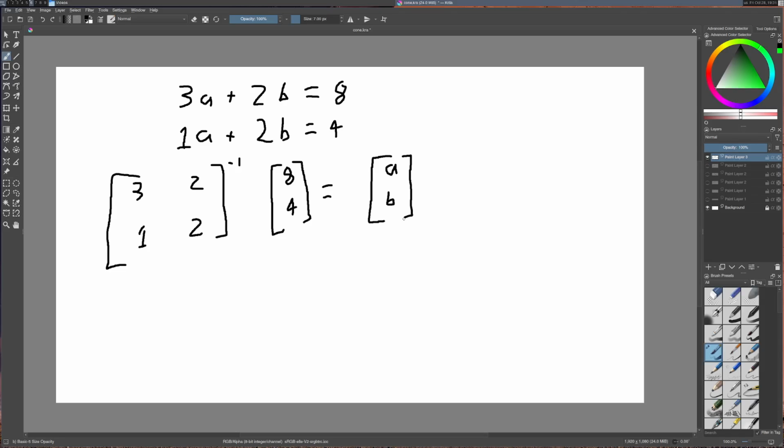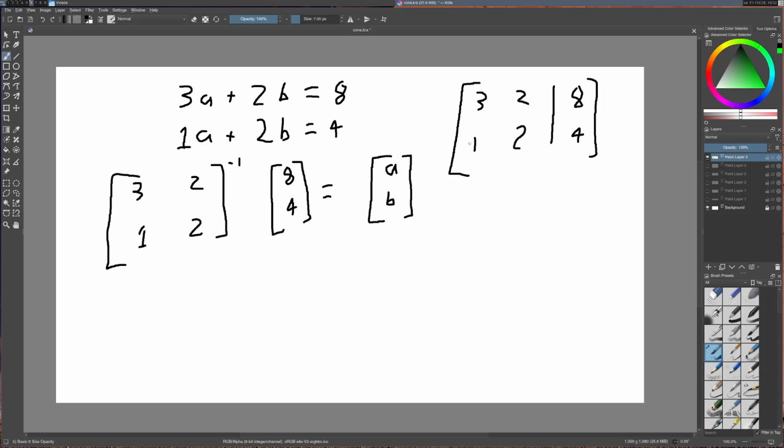Typically, you would solve this using Gaussian elimination, and it wouldn't look like that. It would be an extended matrix where you'd have a line here, and you have to use Gaussian elimination to turn this into a 1, this into a 1, and these two into zeros. I'll get the identity matrix.